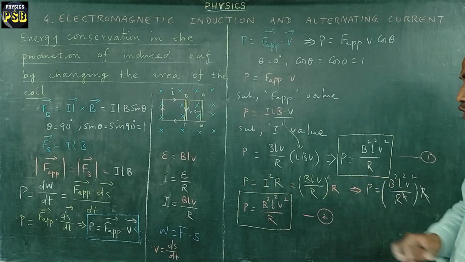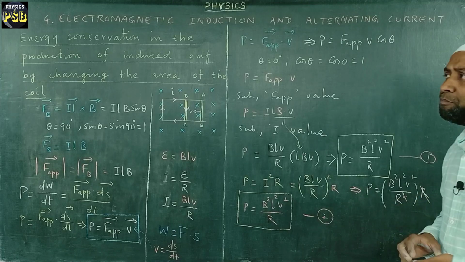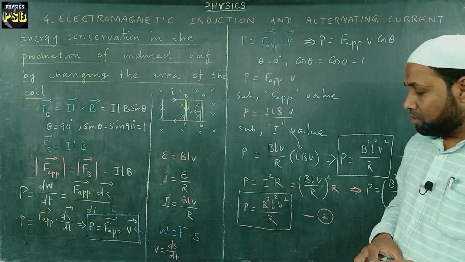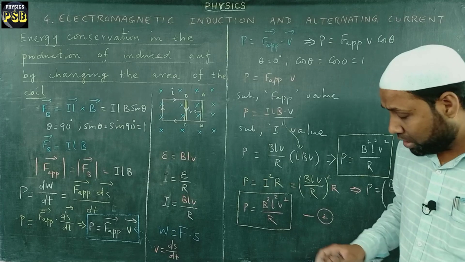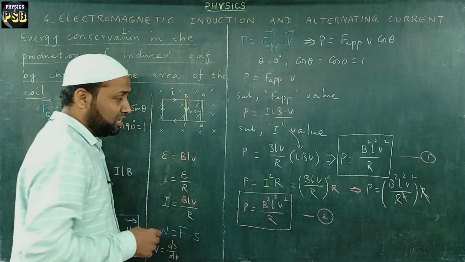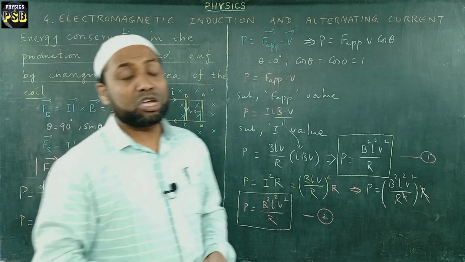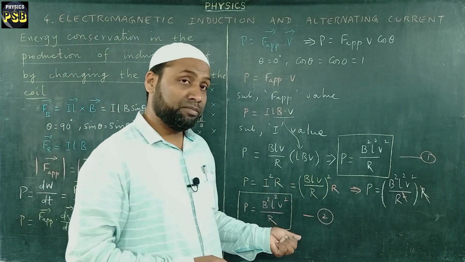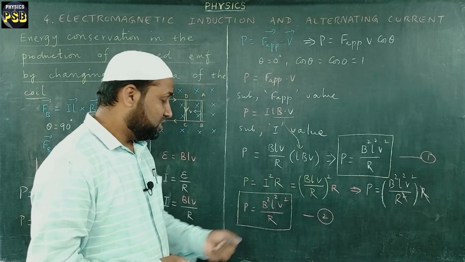And these two are found to be equal to each other. This clearly proves that whatever work we have done to generate electrical energy has been converted into heat energy, and it is dissipated.